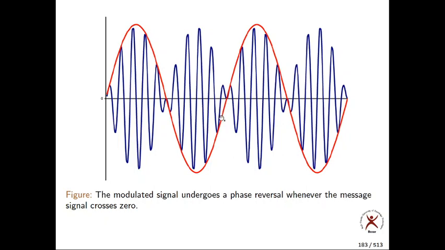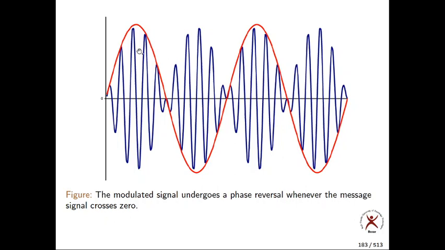Whenever this red color message signal crosses the 0 axis, there is a phase reversal. Here also it is crossing the 0 axis. What is the phase reversal? Phase reversal means a phase shift of 180 degrees, which means if it is positive, it becomes negative, and in the same way, if it is negative, it becomes positive.